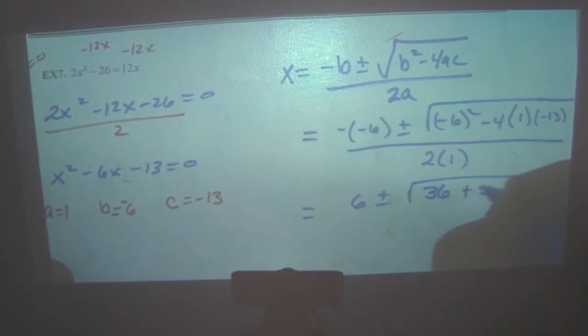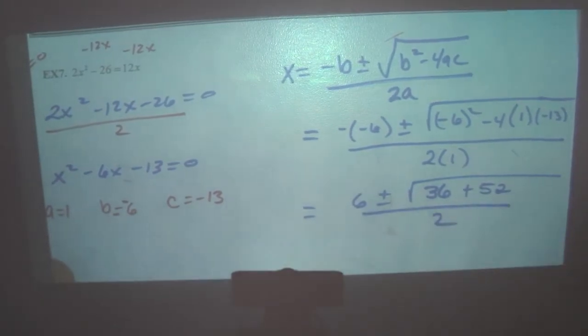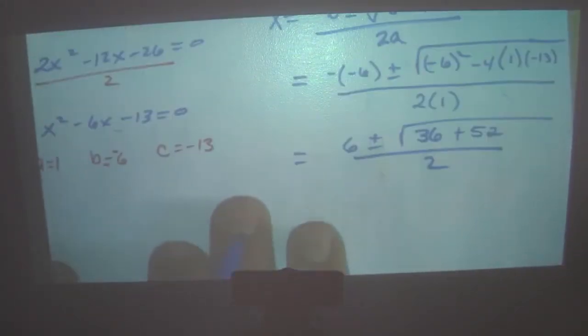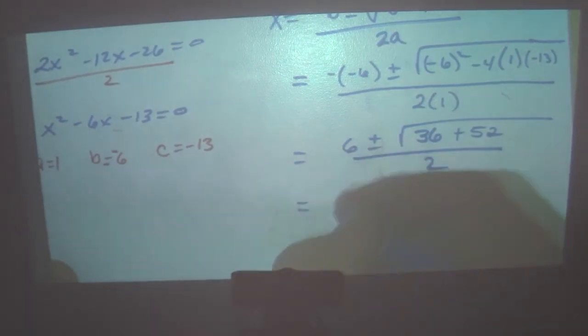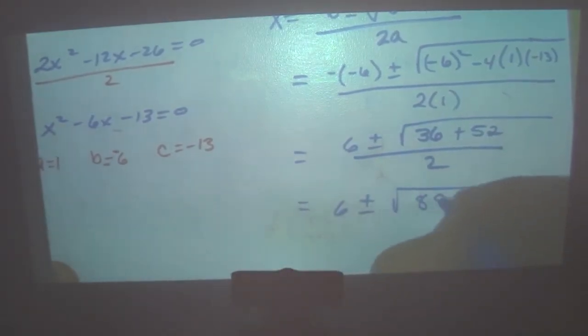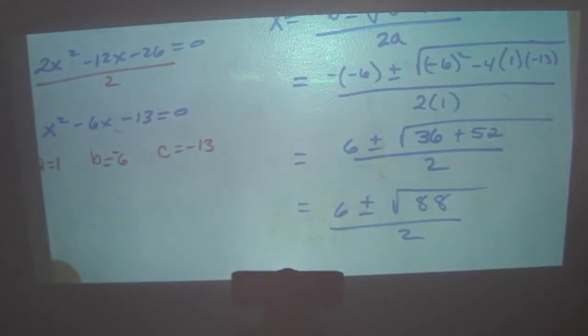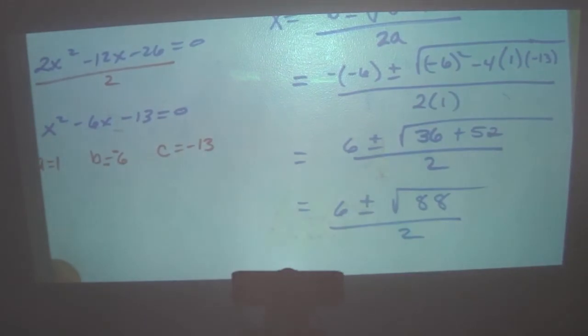That's positive 52. And then 2 times 1 is 2. So now we've got 6 plus or minus 36 plus 52 is 88, all over 2. Okay? Now my math lab is going to ask you guys to have a simplified answer.